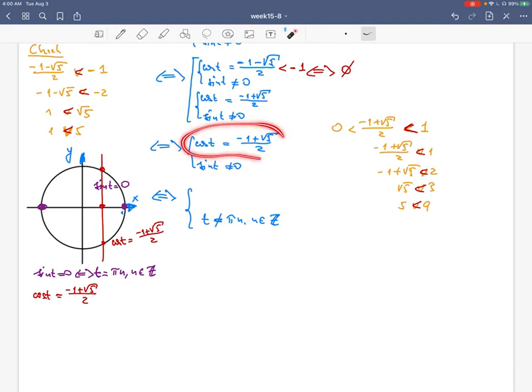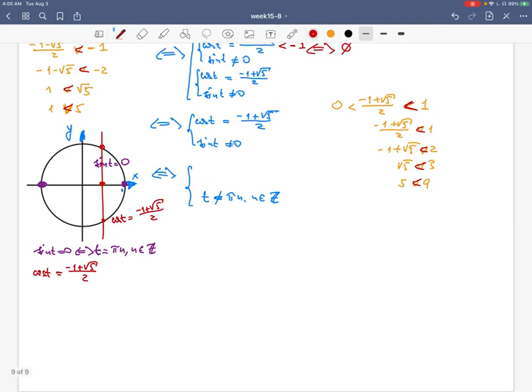So solutions exist. And the equation cosine t equals root 5 minus 1 over 2 is equivalent to t being plus minus arc cosine of root 5 minus 1 over 2 plus an integer multiple of 2 pi.